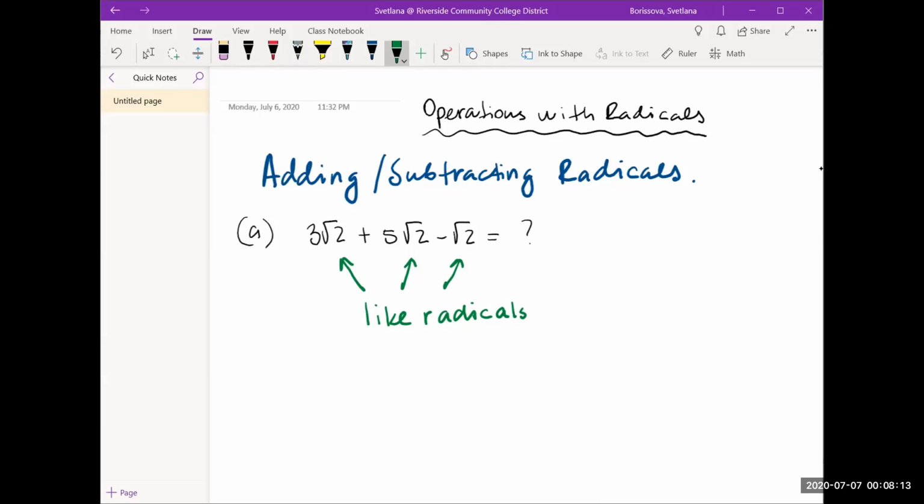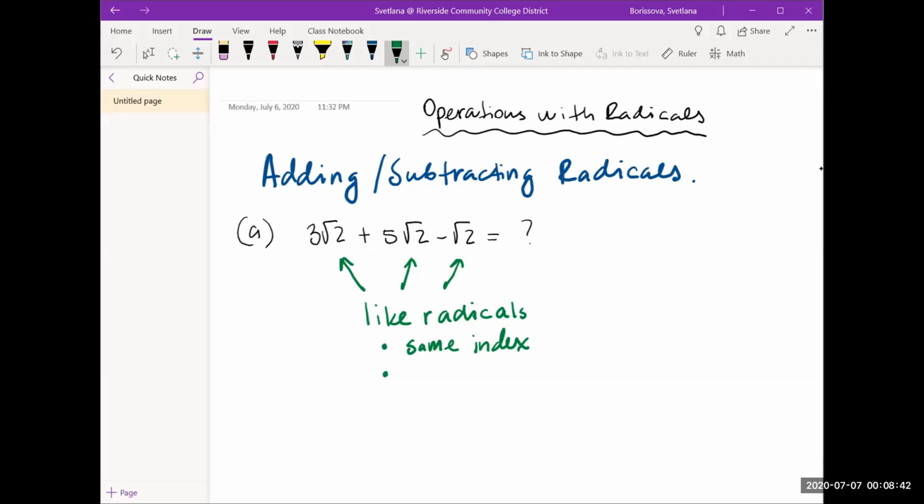So how do you recognize like radicals? There are 2 things you need to observe. Like radicals have the same index. Remember, the index of a radical: square root, index 2; cube root, index 3; fourth root, index 4. Here they're all square roots, so we have the same index for all those radicals.